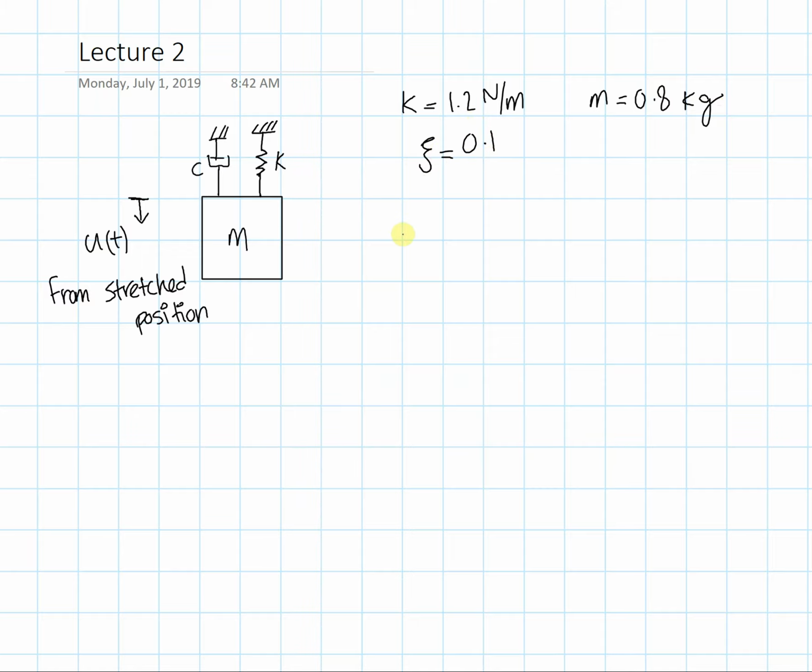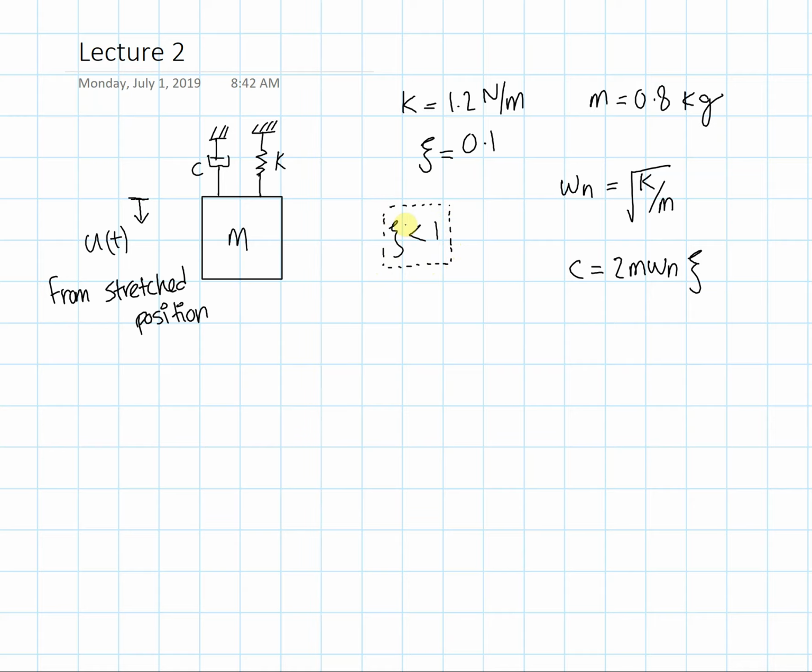I can easily calculate my damping coefficients from what's available here. Firstly, I can get omega n, my undamped natural frequency, from the square root of k divided by m. Then I can find my damping coefficient, which is 2 m omega n zeta. And because zeta is less than 1, I am interested in the underdamped response. And that's what I'm going to do.